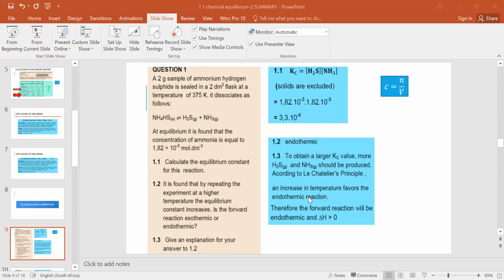And if the Kc is increased, the forward reaction is favored. If the temperature is increased, the endothermic reaction is favored. So the forward reaction is favored, the endothermic reaction is favored, which means that the endothermic reaction is the forward reaction, or the forward reaction is the endothermic reaction. Okay, that's how we understand. Therefore, the delta H for this reaction will be more than 0.